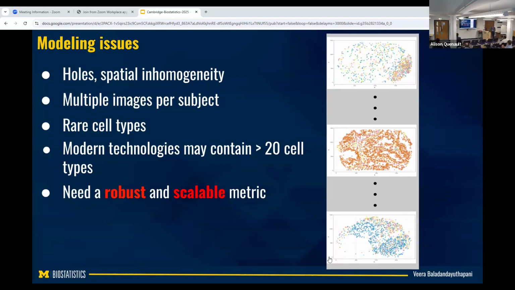You can't put it through a vanilla AI system and try to solve that, because you'll get some background intensity and it might map to something. So the essential point is that because of this inhomogeneity, you need a robust and scalable metric to quantify cellular interaction. The basic question is still the same: what is the interaction between different cell types, 2 types of cells?